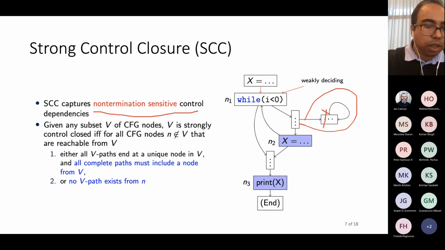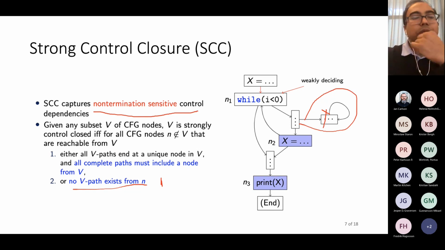The second condition says that either, if there exists a non-terminating path, we include some node from the non-terminating path, or no V path exists from n. If this criterion is satisfied, then we say that V is a strongly control closed set. So these two definitions are non-termination insensitive and non-termination sensitive.